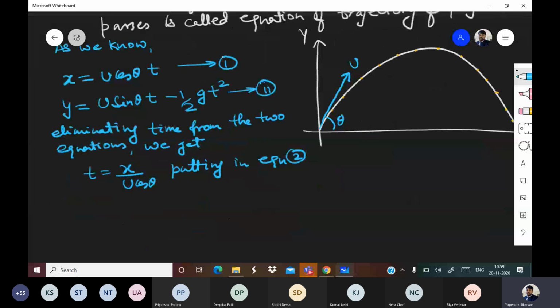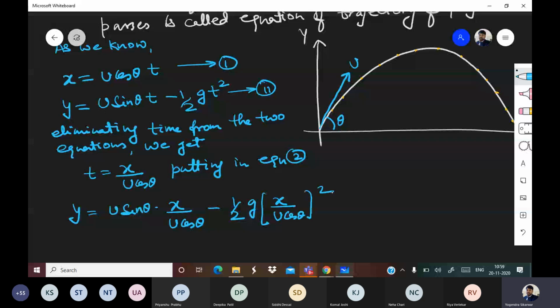So y is equal to u sin theta into t, that is x upon u cos theta, minus half into g into t square, t meaning x upon u cos theta whole square.